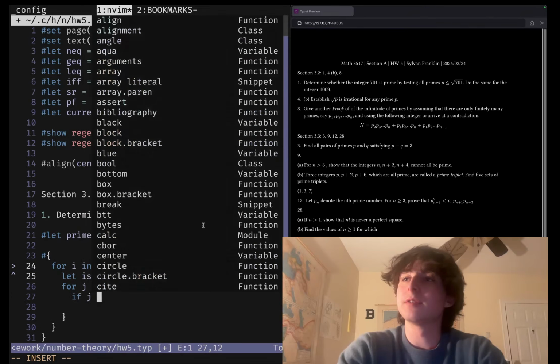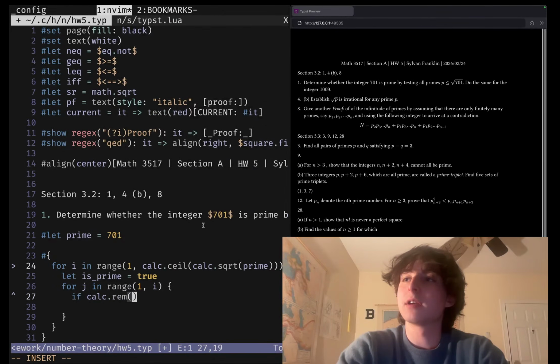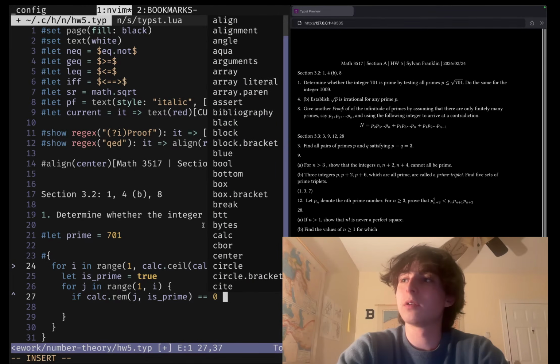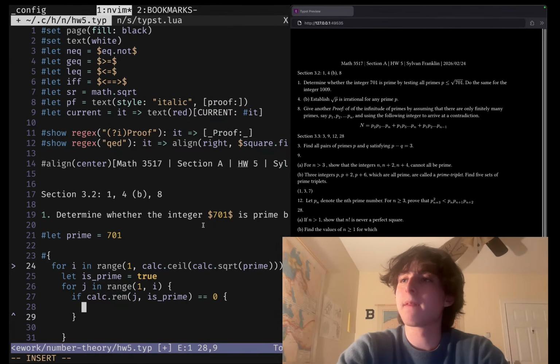It's true if calc.rem(j, is prime) equals 0. Oh, no, i, j.